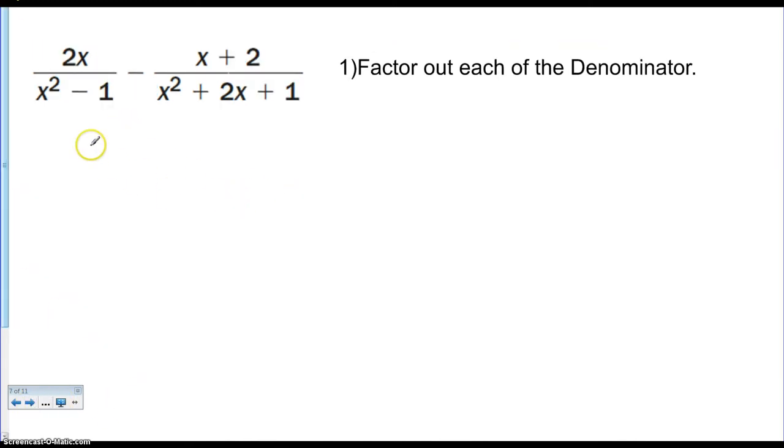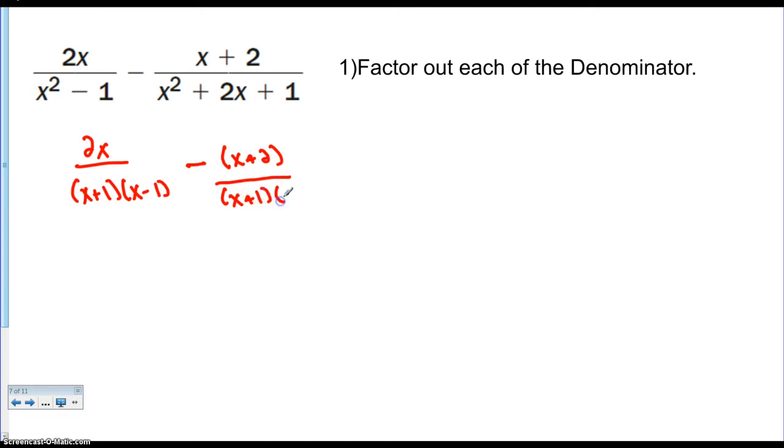We're going to do the same thing we did before. Do they have the same denominator? No. So I have 2x over (x plus 1)(x minus 1), and then minus (x plus 2) over (x plus 1)(x plus 1).